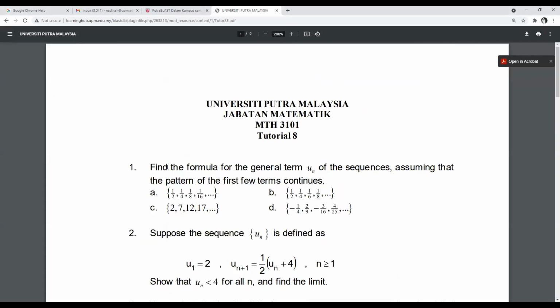The question is: find the formula for the general term u_n of the sequence, assuming that the pattern of the first few terms continues. I think 1A and B are quite easy, because you can see 1 over 2, 1 over 4, 1 over 8, that is just 1 over 2^n.